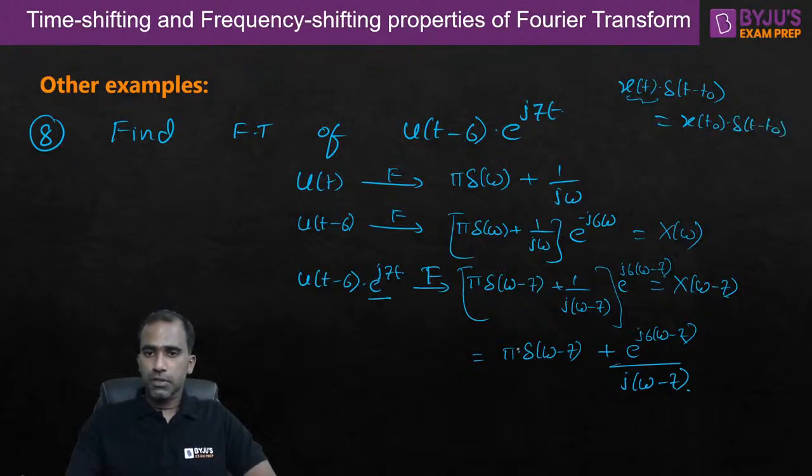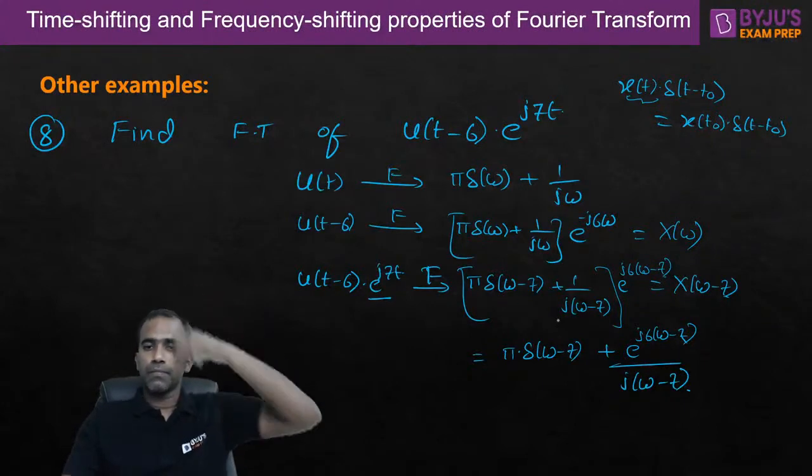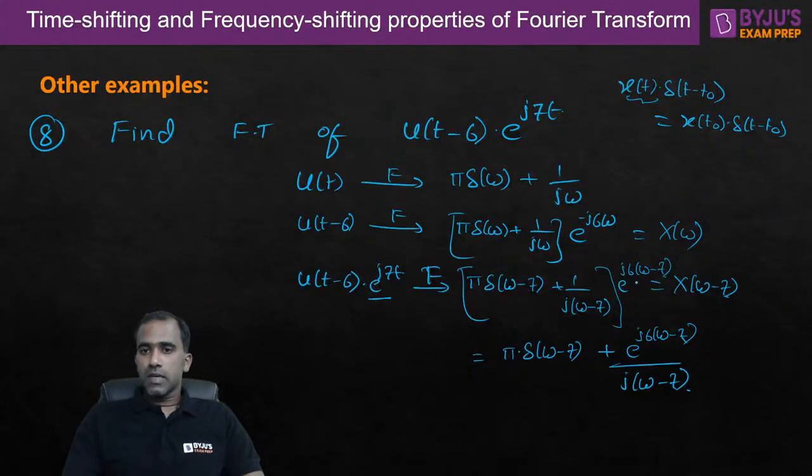This property I'm using, but the variable instead of t is omega, but same property. This is the neighboring function. In place of this function, we are having this function. The location is omega equal to 7. So wherever omega is there, replace it with 7. So the first part will become this much. And the second part I'm just copying as it is.